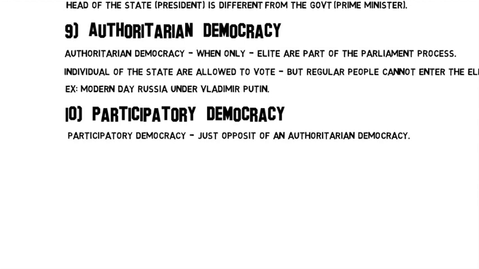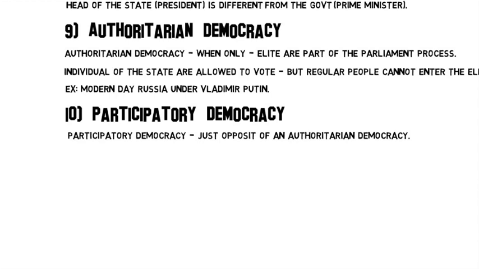Here in participatory democracy, anybody, in fact even the poorest of the poor, can enter into the election process. He or she has a right to contest the election. This is what participatory democracy is, just opposite to authoritarian democracy.